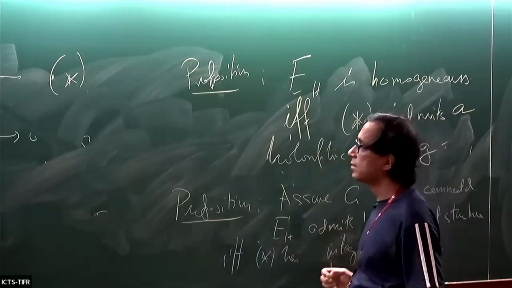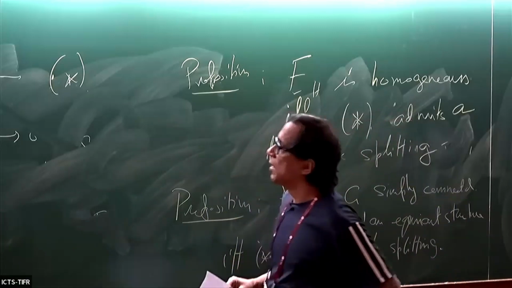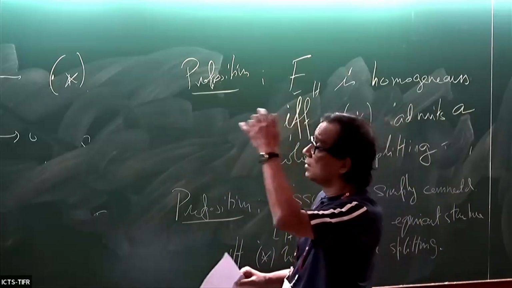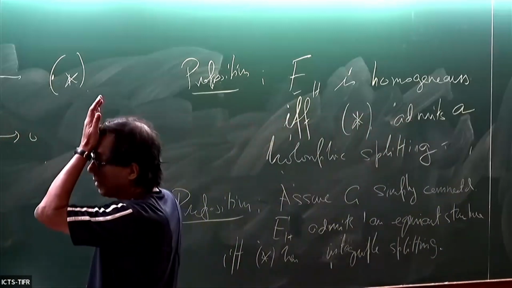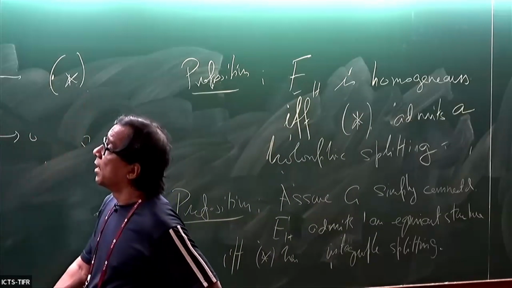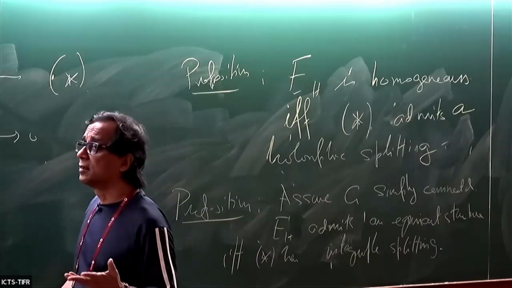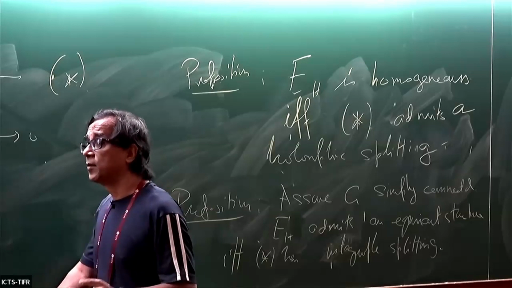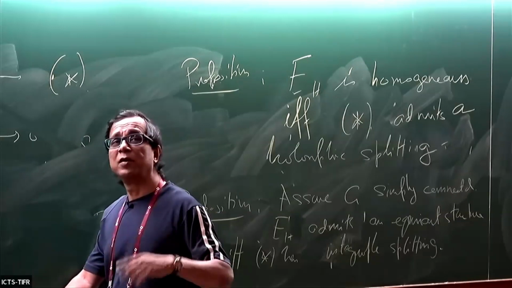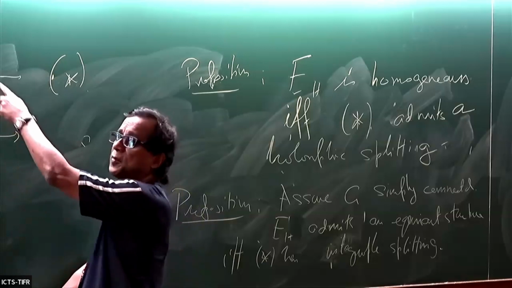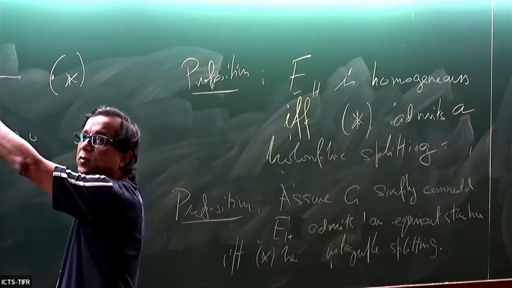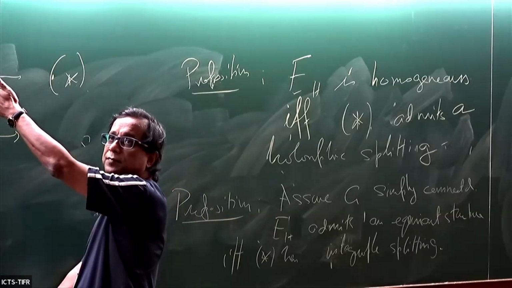Since I'm running behind, I didn't explain it well. Just as from the connection, recall the holomorphic connection was a holomorphic splitting, and from that you can define the curvature. So here also, from the holomorphic splitting you can define the analog of curvature.